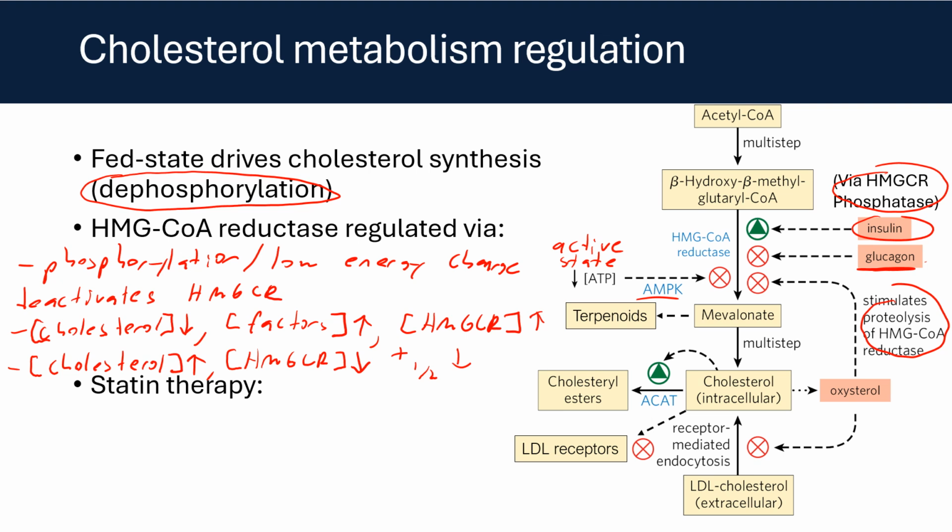Let's examine this regulatory network again, now in the context of statins. By shutting down the enzyme HMG-CoA reductase, we are going to handicap cholesterol biosynthesis by reducing mevalonate production. There are going to be additional downstream benefits here.